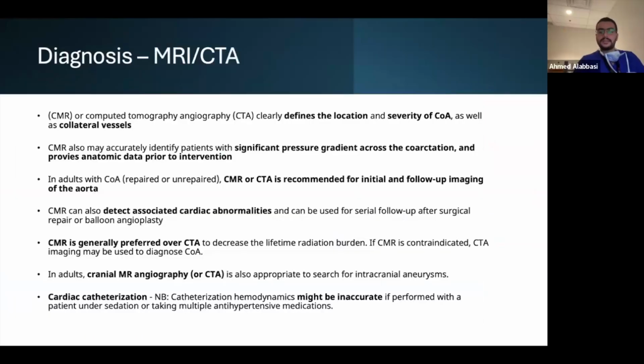So I think the main thing is, especially if you have a younger patient with hypertension and lack of family history, it would definitely be warranted to do blood pressure in the upper and lower extremities, especially in the setting of a systolic murmur.